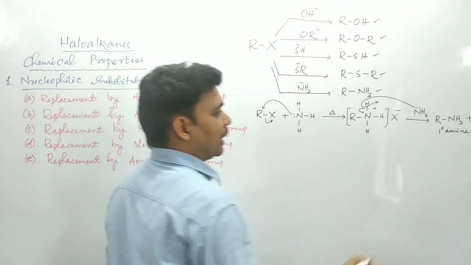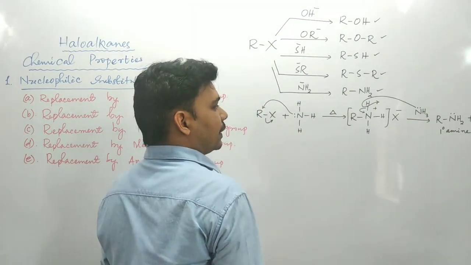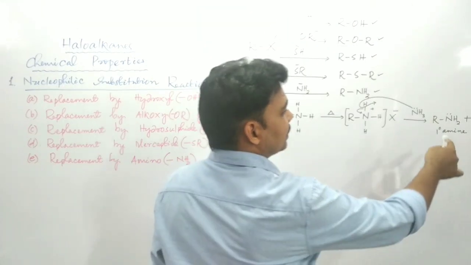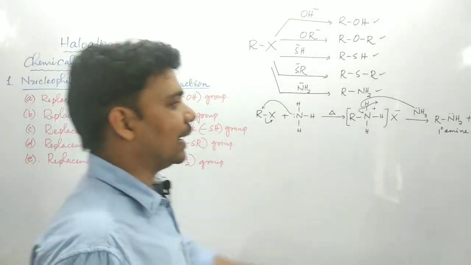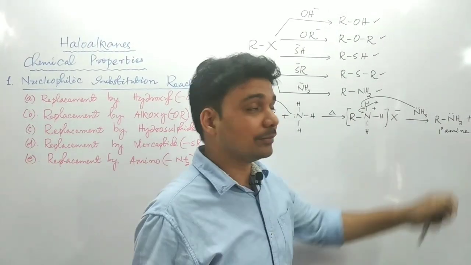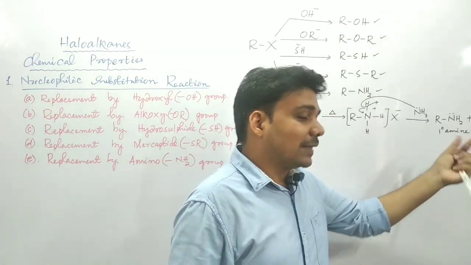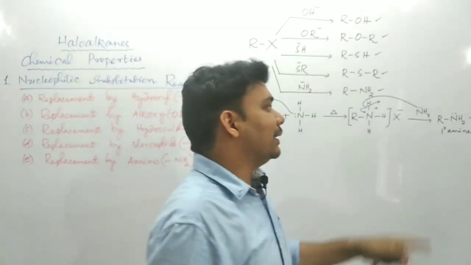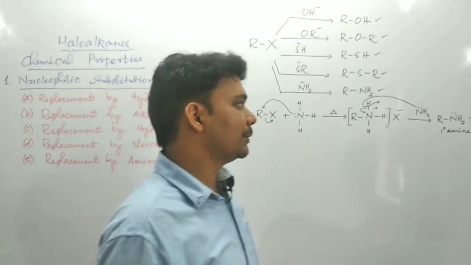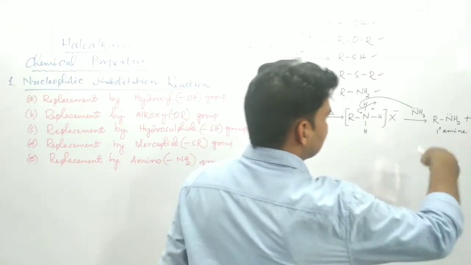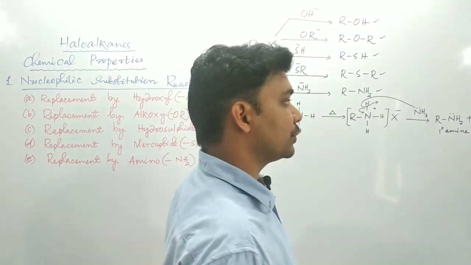This primary amine contains a lone pair of electrons, and like ammonia, in the next step this primary amine will act as the nucleophile itself. Means the formation of this primary amine propagates the reaction, the similar steps will be propagated such that you will get secondary amine, in the next step tertiary amine, in the final step quaternary ammonium salt.